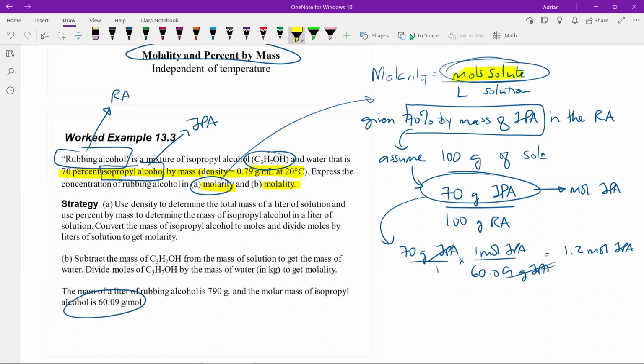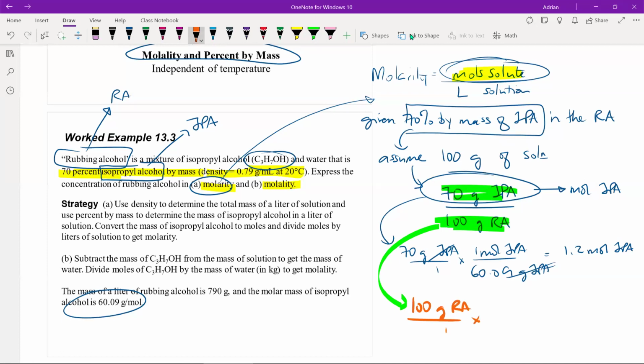Now we need the liters of the solution, right? So in our percent by mass interpretation, right, we have mass of the solute over mass of the solution, right? So the 100 grams here is the grams of the solution. So we have 100 grams of the rubbing alcohol solution.